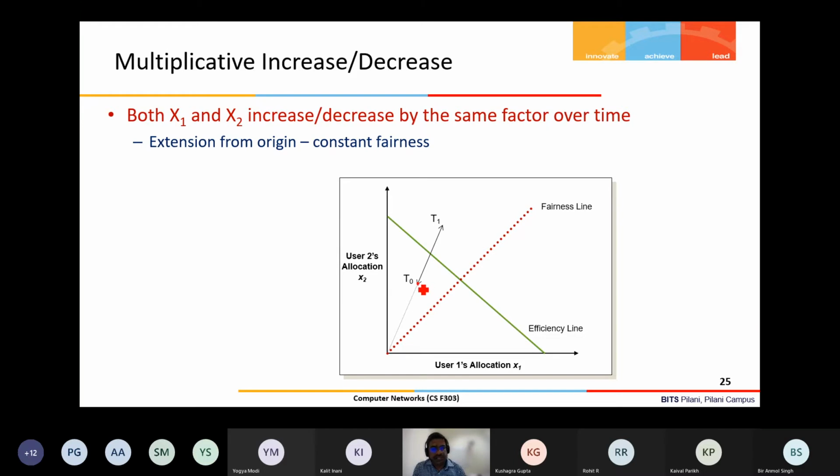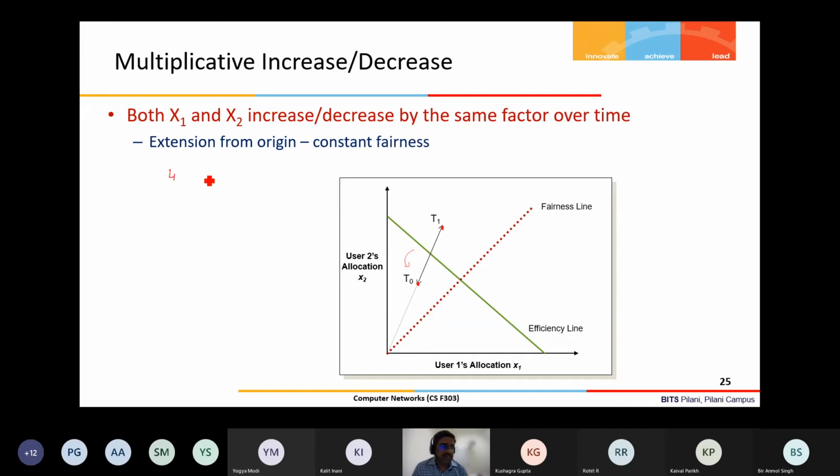Suppose at time t0 you are here, and because you are below the efficiency line, total allocation is less than the efficiency line. So in the next round both connections are going to increase their sending rate, and after increasing, let us say they jump over the efficiency line, and their increase and decrease is multiplicative.